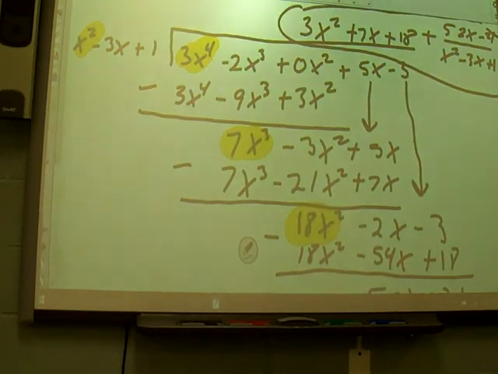Just put what we divided by, the x squared minus 3x plus 1, under the 52x minus 21? Just under the remainder. Yeah, that is a lot. I agree.